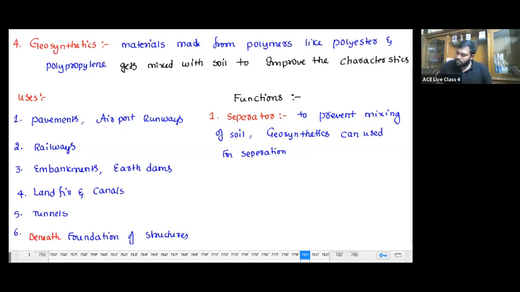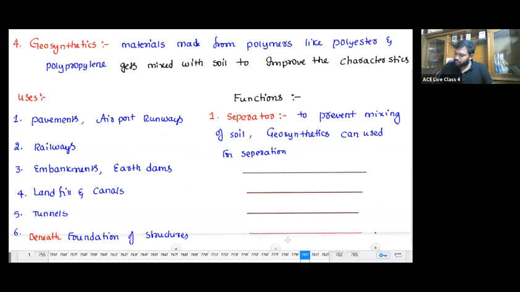Now, you see, you can say this is the subgrade, and there is going to be a subbase, and this is going to be a base or wearing course. Okay. And what I mean by this geosynthetic is that I'm going to provide the geosynthetic in this fashion.